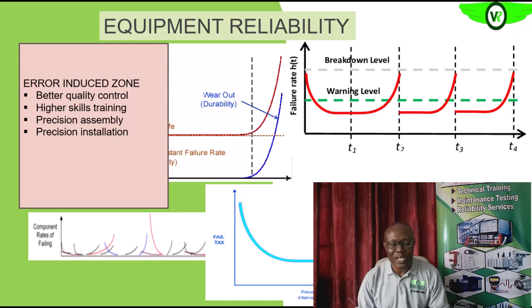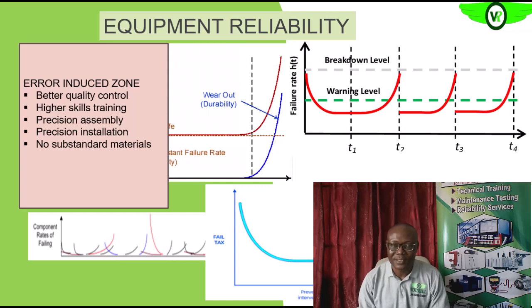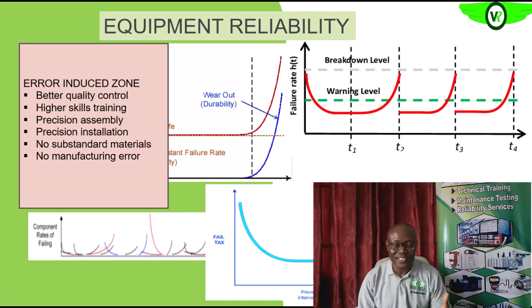Then we need to ensure, as we said earlier, that we do not use substandard materials. If we use substandard materials, that will compromise the integrity of our system or of our assets. Then we also want to ensure that there are no manufacturer's errors. That we can do by factory acceptance testing, and if possible, testing at the delivery point.